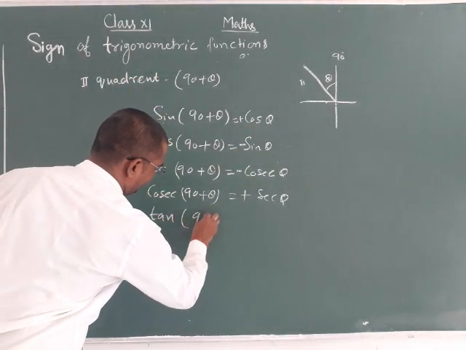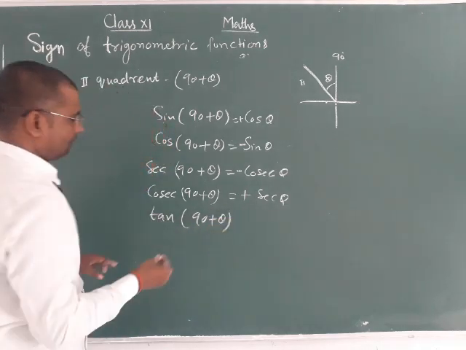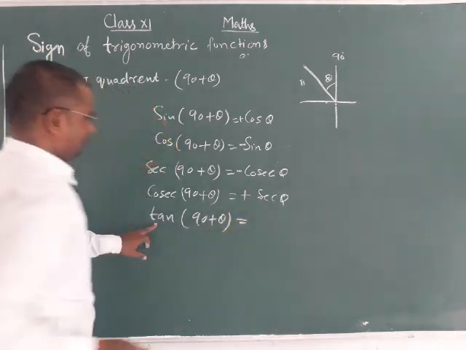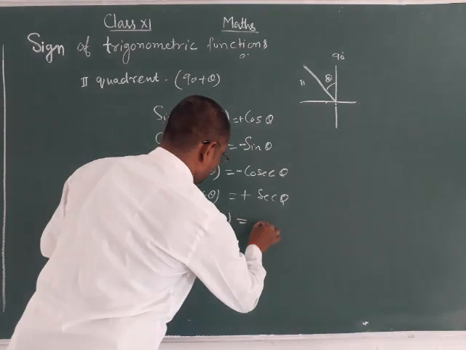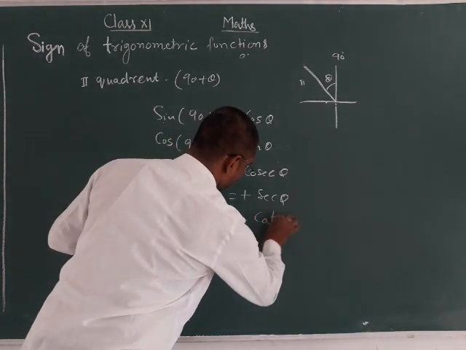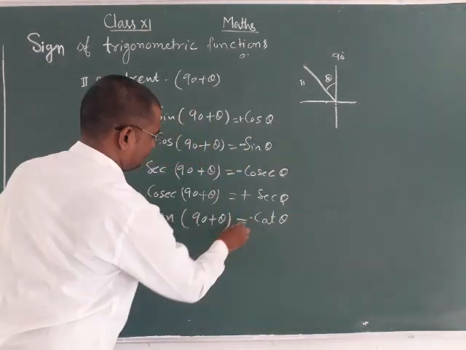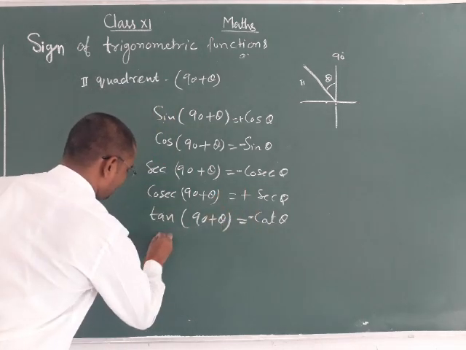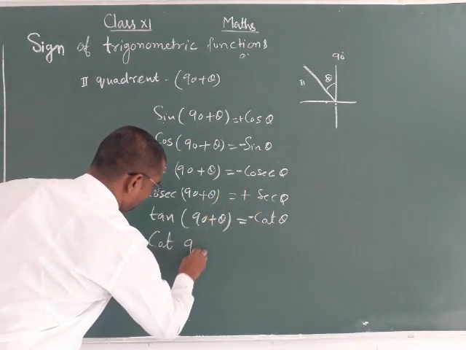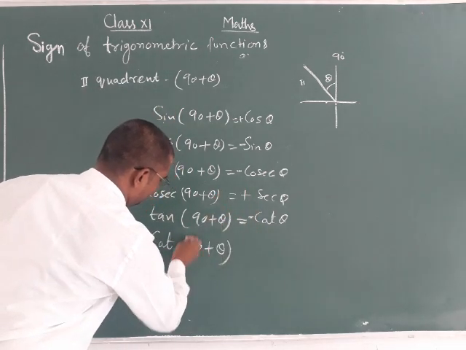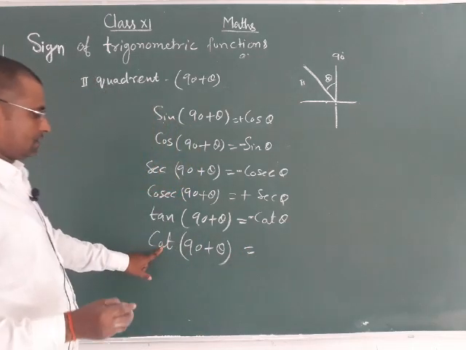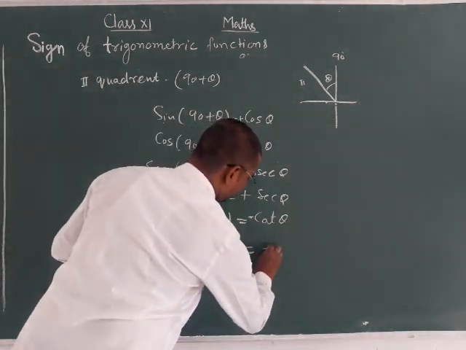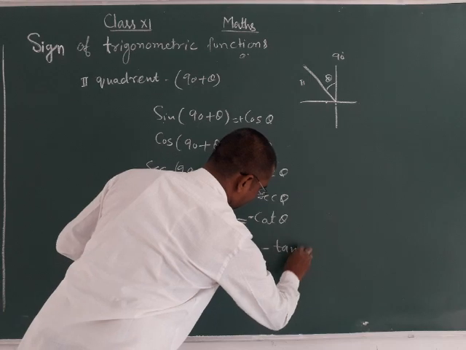Tan 90 plus theta is minus cot theta, and cot 90 plus theta is minus tan theta.